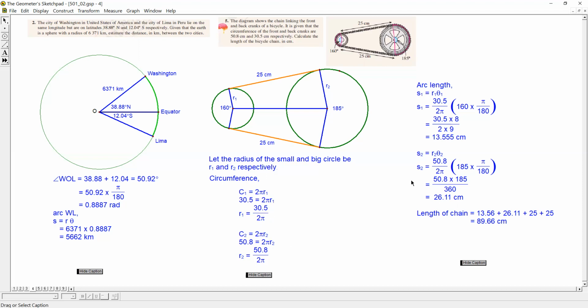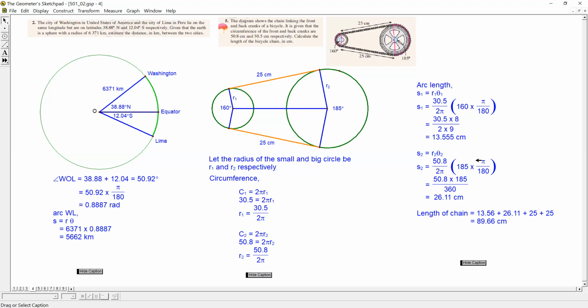Don't calculate. Then we proceed to find the arc length. S equals r theta. For r, you substitute in this expression here. Theta, you change to radian. In this way the pi and pi cancel off, and you can get quite an accurate number for the arc length of the small circle.